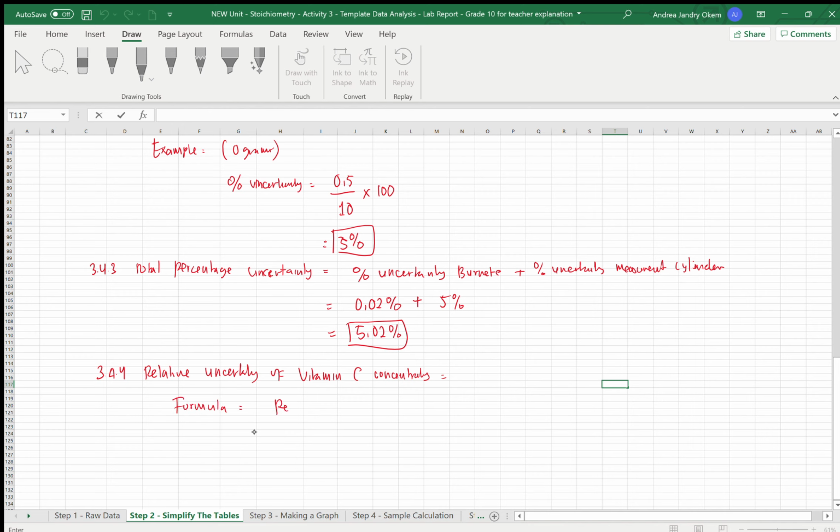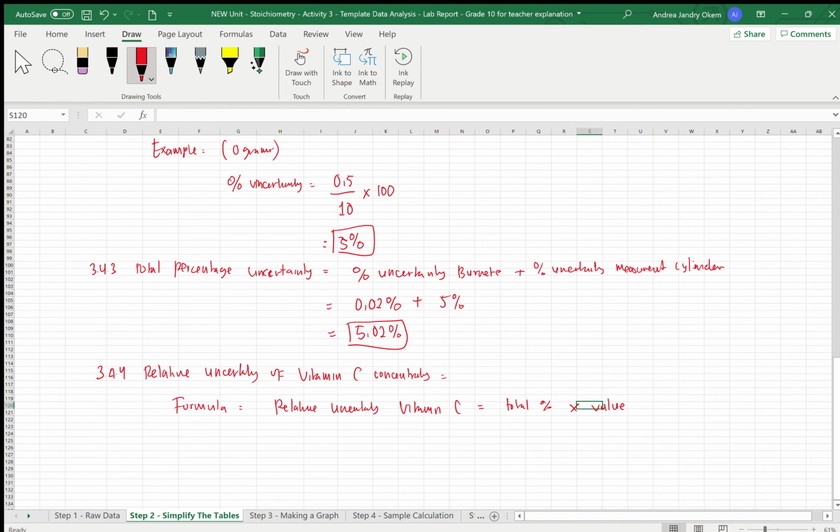So relative uncertainty of vitamin C equals the total percentage and then multiply with value.